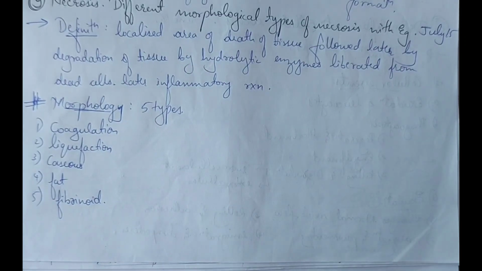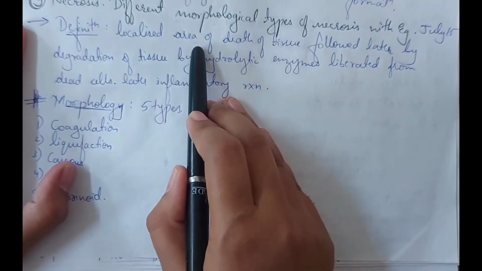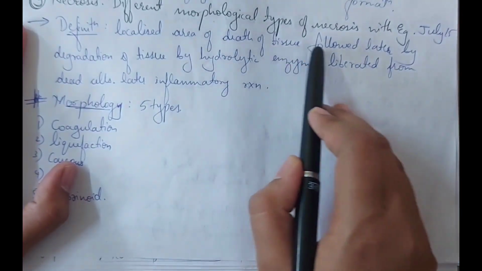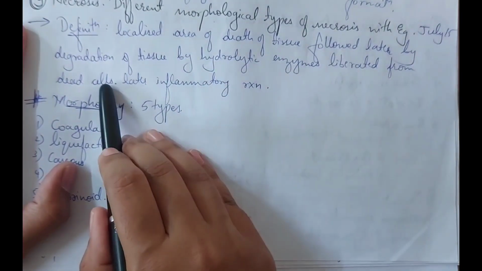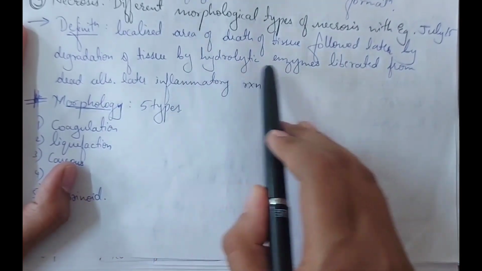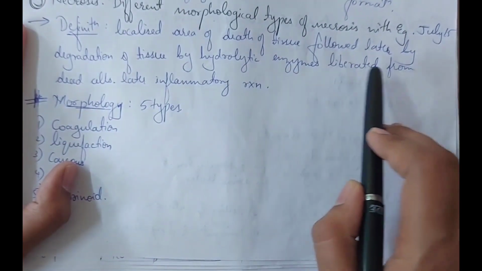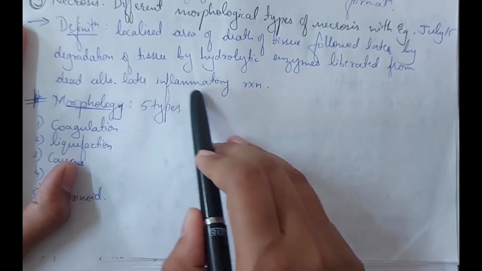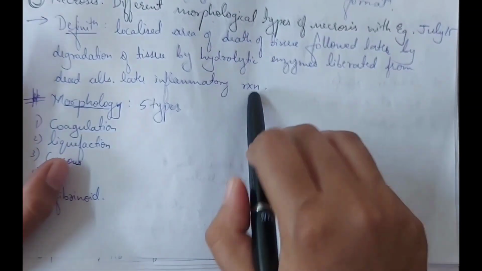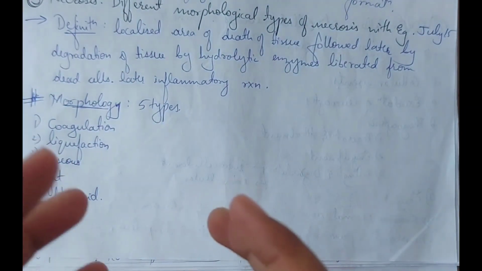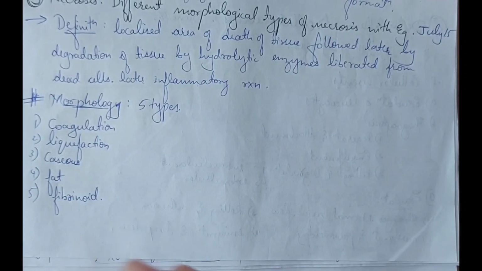Now, looking at the definition of necrosis: a localized area of death of tissue, followed later by degradation of tissue by hydrolytic enzymes liberated from dead cells. Later, an inflammatory reaction occurs. This means there is local death of tissues, where there is destruction of the cells.